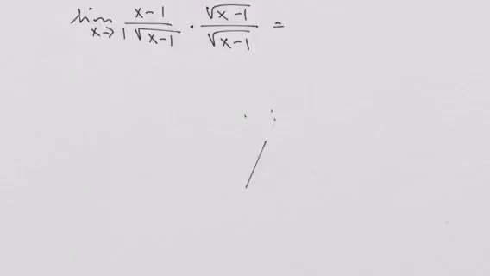On the top, x minus 1 over the square root of x minus 1, and on the bottom we have the square root of x minus 1 times the square root of x minus 1, which gives us x minus 1, because we're squaring the square root of x minus 1.